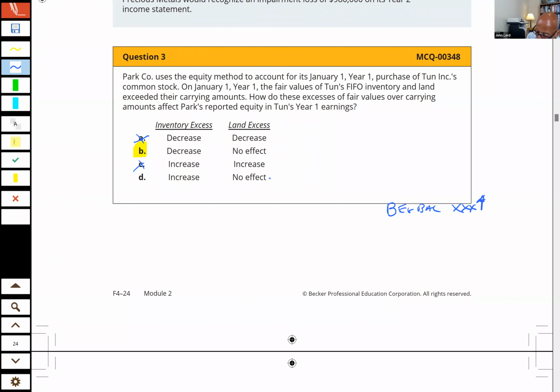Then whatever the purchases were during the year would give us goods available for sale that is now going to be higher because we wrote up the beginning inventory. They're using FIFO, so the beginning inventory would have been sold, right? So what happens?